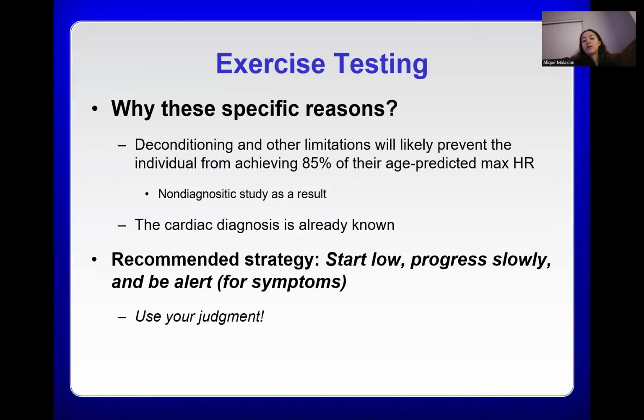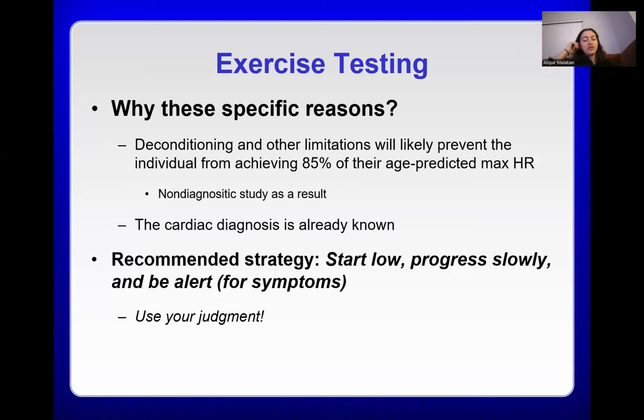And if they don't, then you're just going to get a non-diagnostic study as a result. Basically, we did this test for no reason. The patient is unhappy for no reason. We didn't learn anything. The other reason is that the cardiac diagnosis is already known, so you don't have to do a test to determine something that you already know.